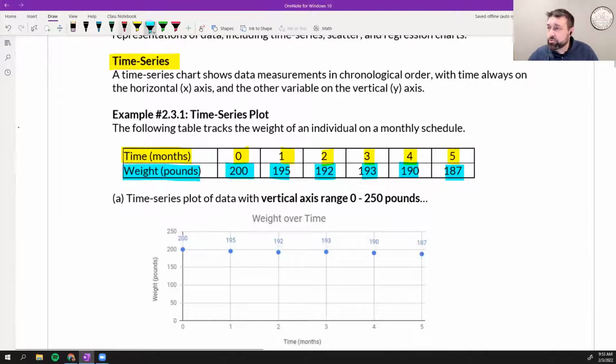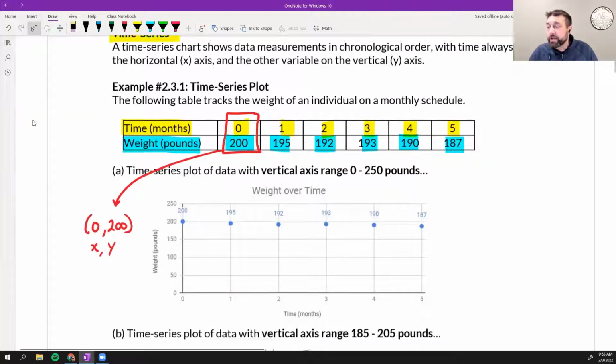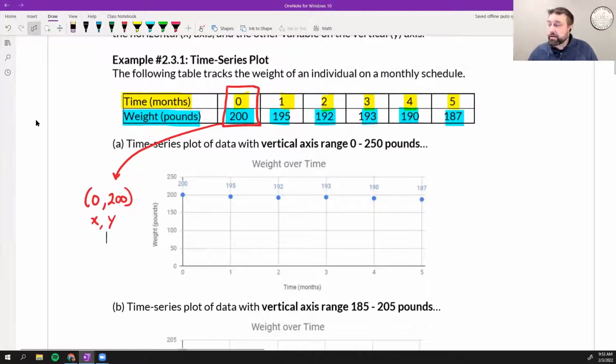So essentially what you're creating are these two linked data points, right? At month 0, the weight was 200 pounds. And essentially you're creating an ordered pair, 0, 200. This would be the X coordinate and this would be the Y coordinate. And we can graph those on an axis.